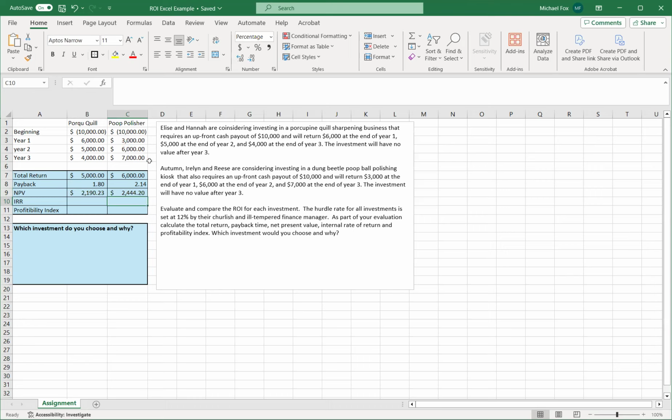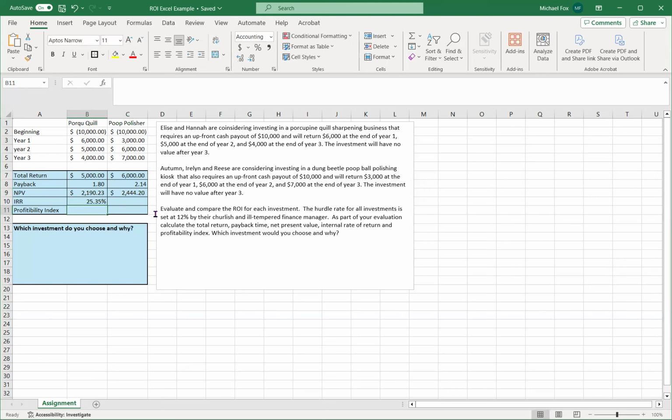So what rate are we actually earning? That's what leads us to the IRR, or internal rate of return. This one's pretty easy. We can just say equals IRR. And for this one, we can just highlight all of the cash flows.